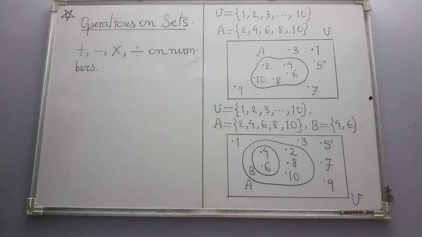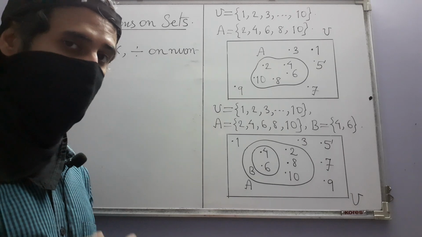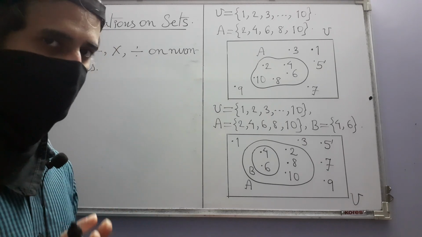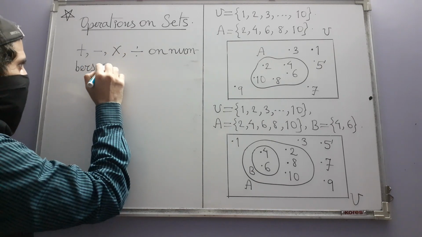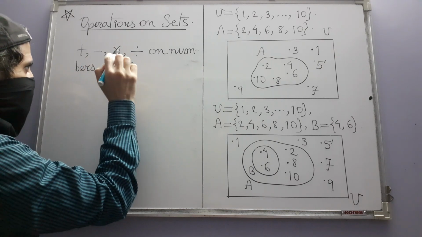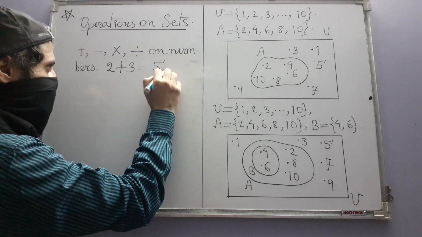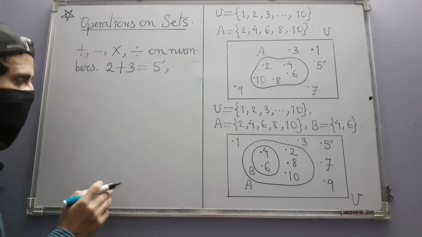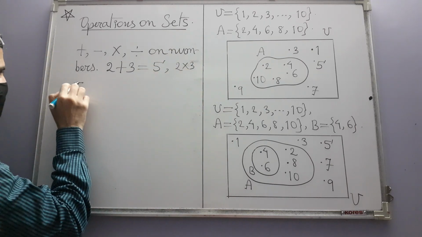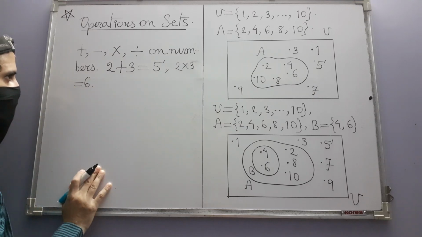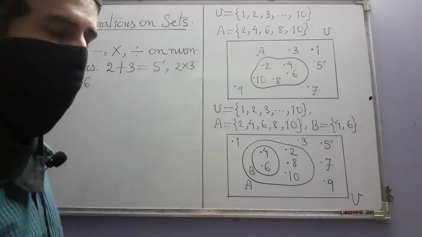Now, what is the common characteristic of these 4 operations? The operations are entirely different from one another. When we add 2 numbers, 2 and 3 say, we get 5. If you change the operation and multiply 2 and 3, you get 6. And if you subtract or divide 2 by 3, you get other numbers.